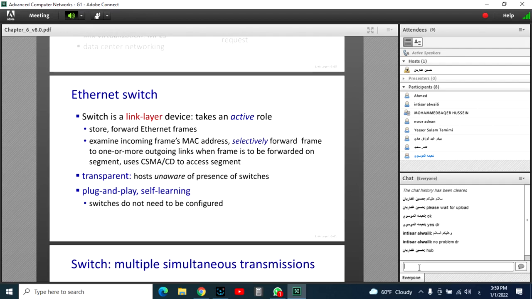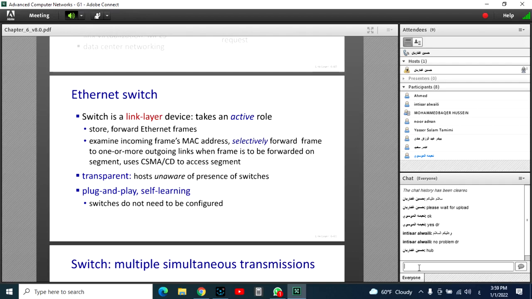It means that the hub will broadcast the received data. It will resend that data into all the other ports, excluding the receiving port.